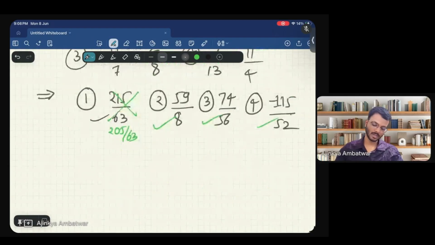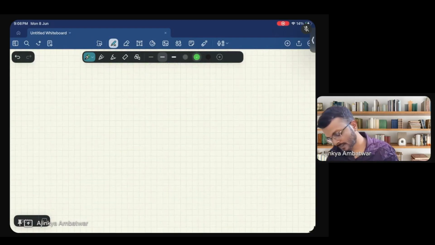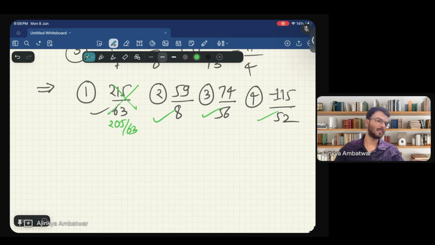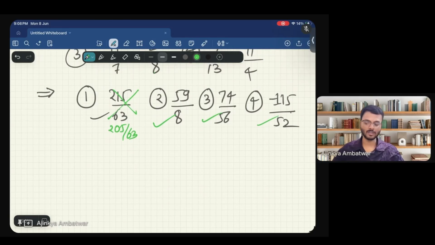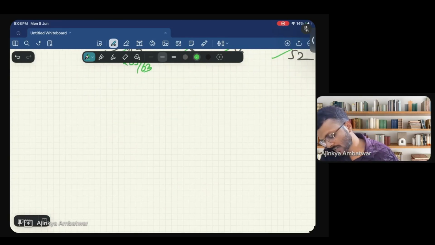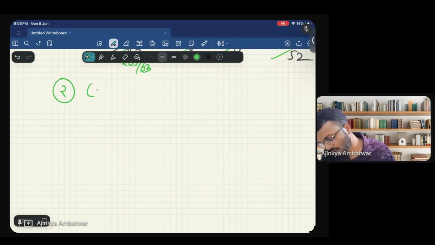It will remain this. Very good. Now the subtraction would have changed, right? Subtraction definitely would have changed, but now let's look at addition only. So this second property is called commutative property. Please note it down. It's called commutative property.